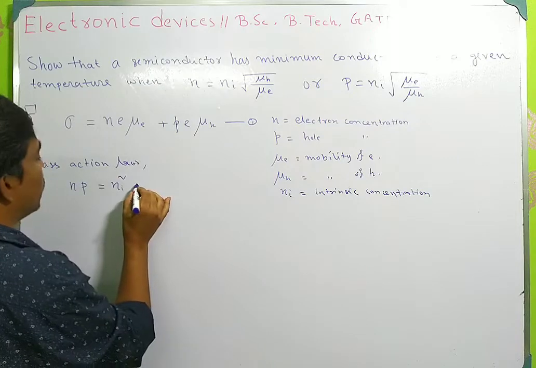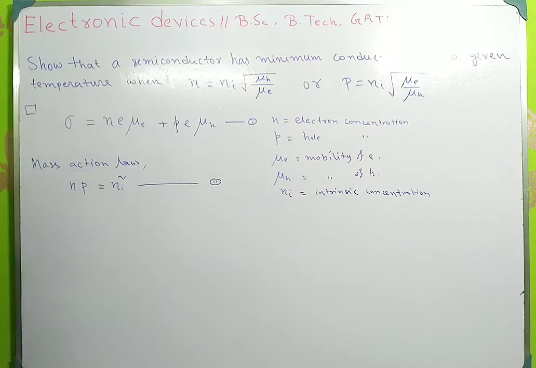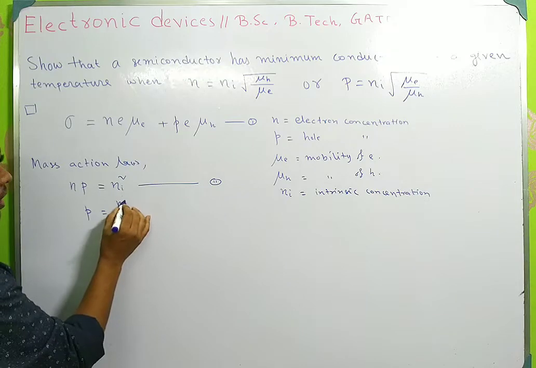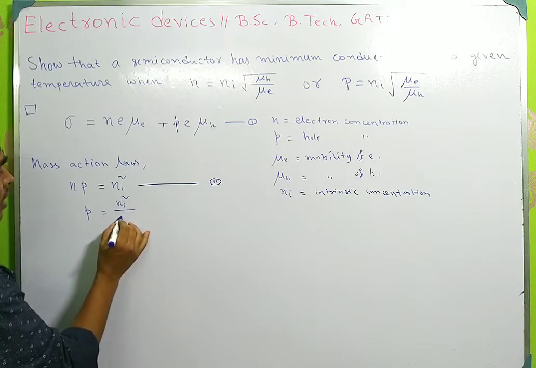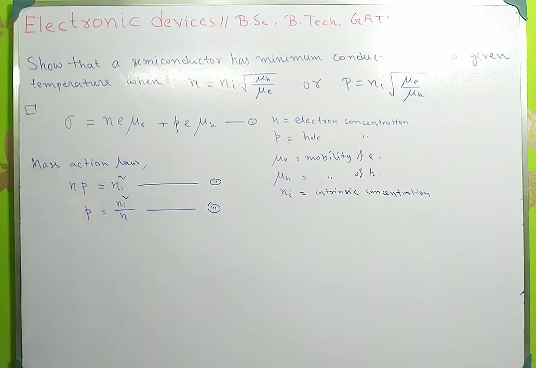So this is equation number 2. From this equation we can say that p equals ni square divided by n. Suppose this is equation number 3.